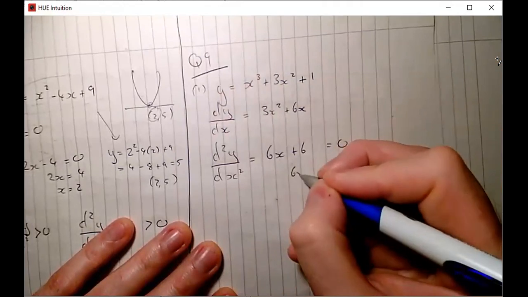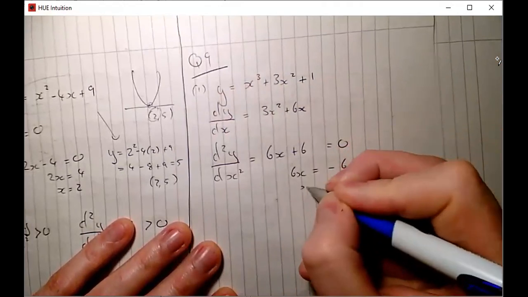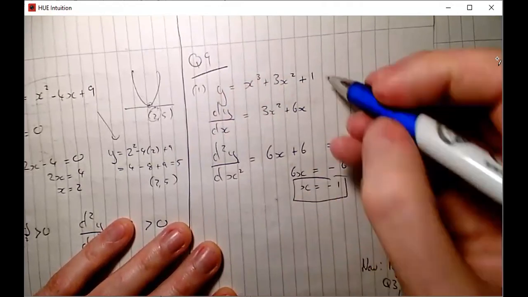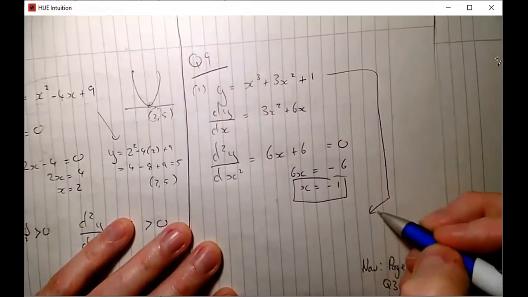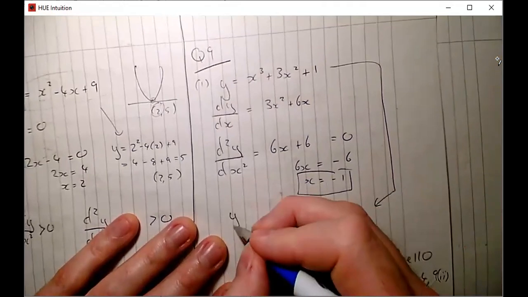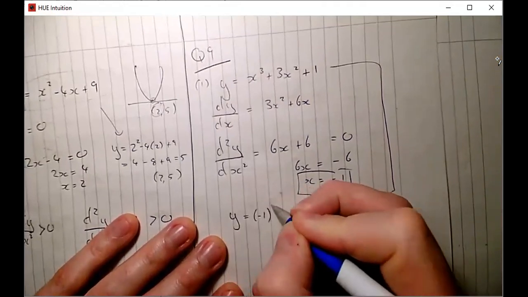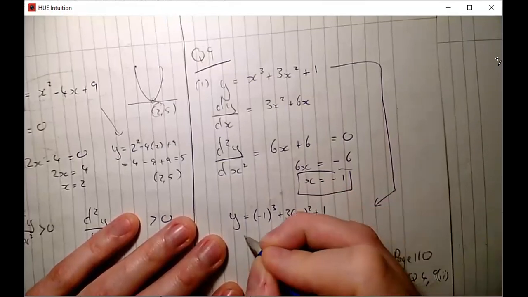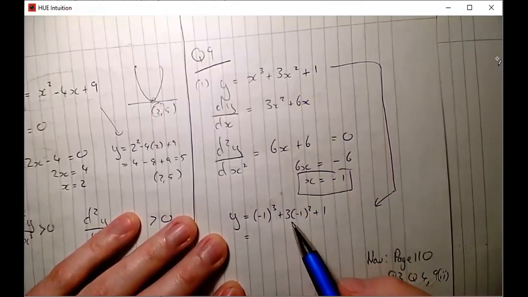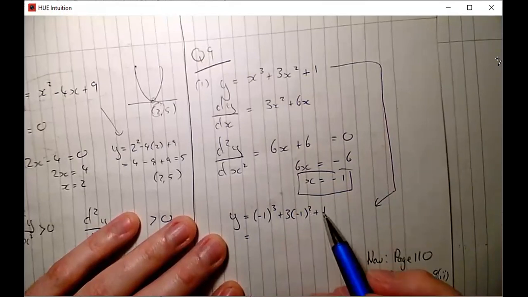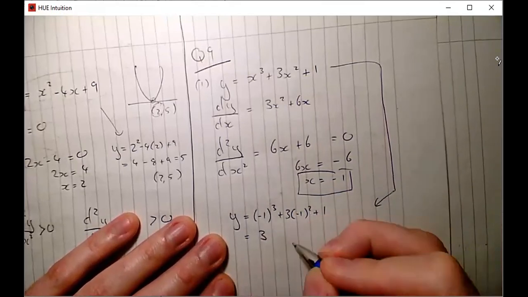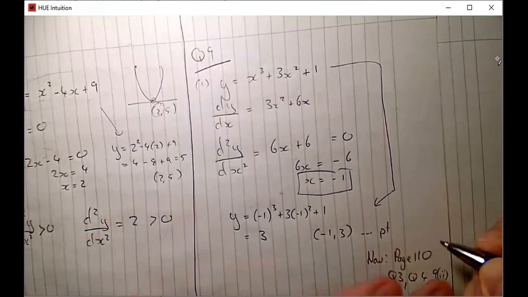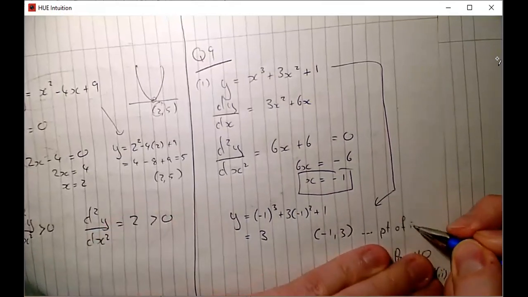So solving that, 6x has to equal minus 6, and x has to equal minus 1. Where on the function does x equal minus 1? Well, plug x equals minus 1 back in. y is minus 1 cubed plus 3 times minus 1 squared plus 1. That's going to give us 3 times 1, 4, take away 1 is 3. So minus 1, 3 is our point of inflection.